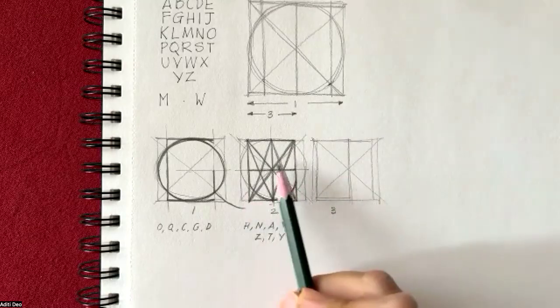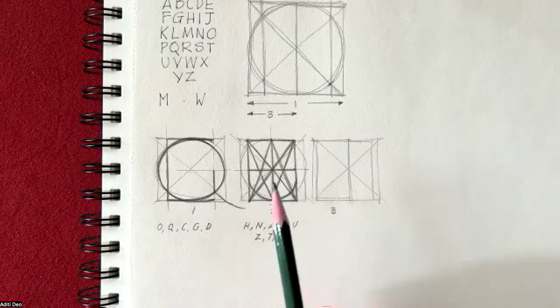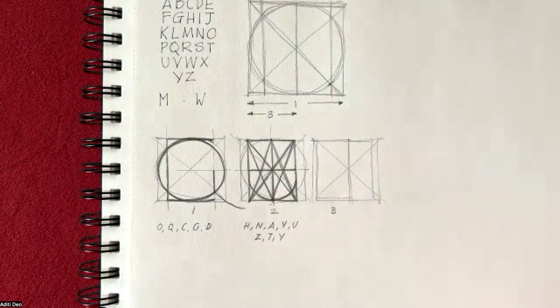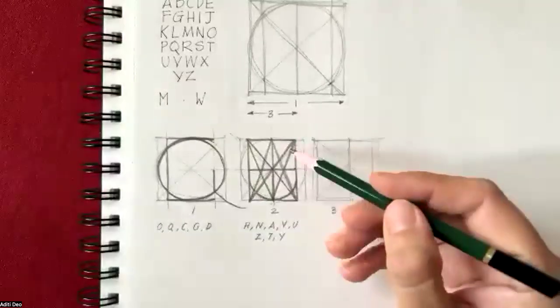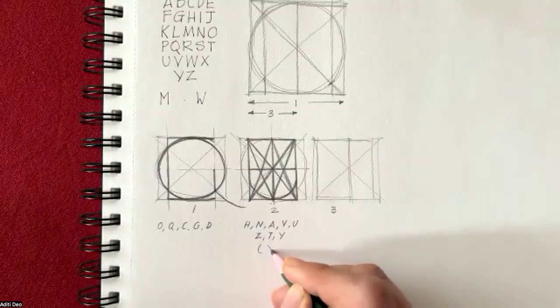And I make my X in this proportion, but the X unfortunately is not here. And I don't know why, we won't get into that, but X is also a possibility. So I'm going to just put it in brackets.